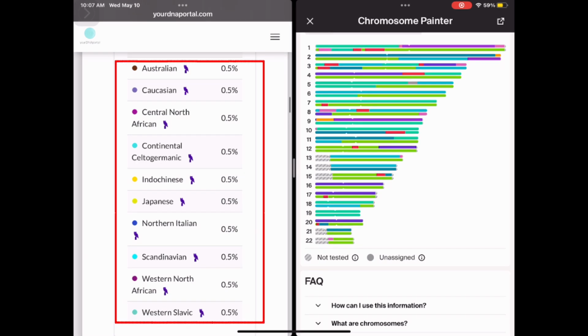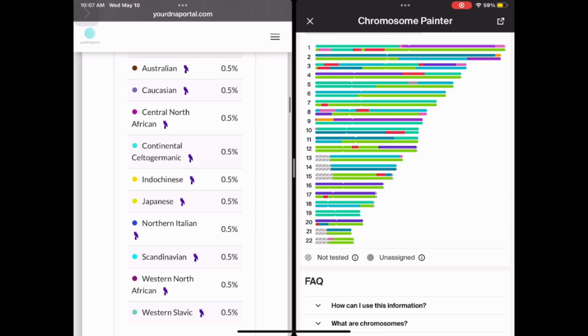In-depth origins for chromosome 5 shows the following at 0.25. Australian, Caucasian, Central North African, Continental Celto-Germanic or Celto-Germanic, Indo-Chinese, Japanese, Northern Italian, Scandinavian, Western North African, and Western Slavic.